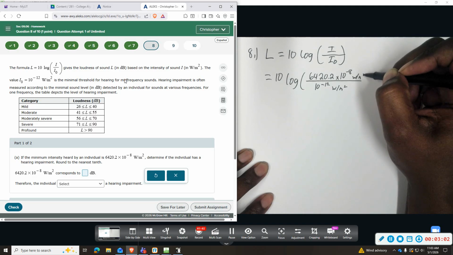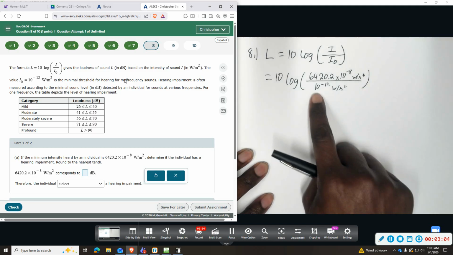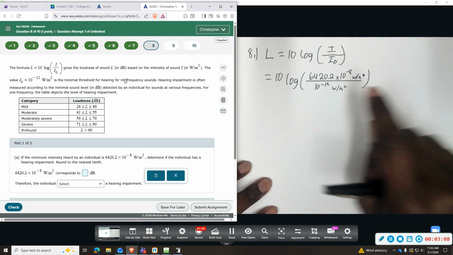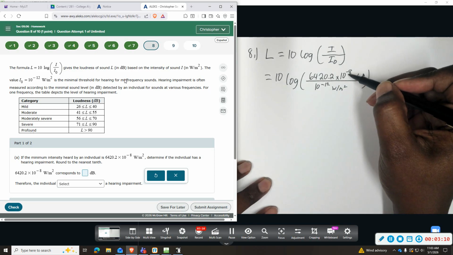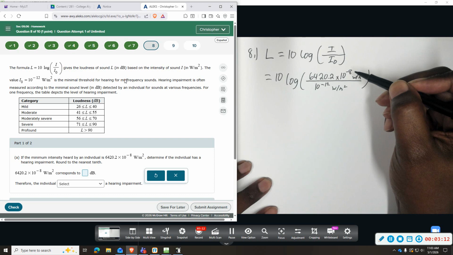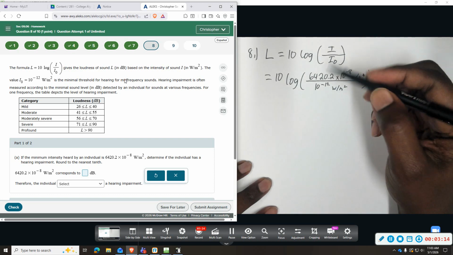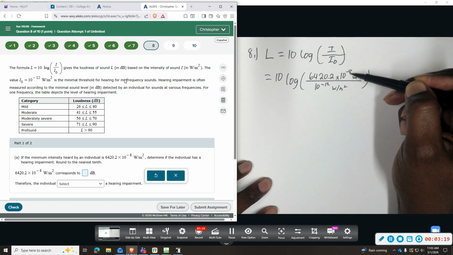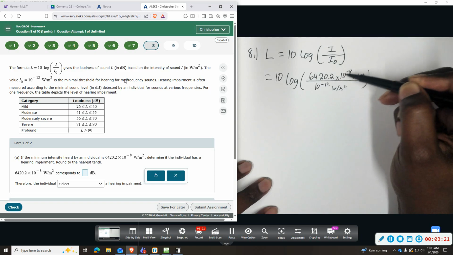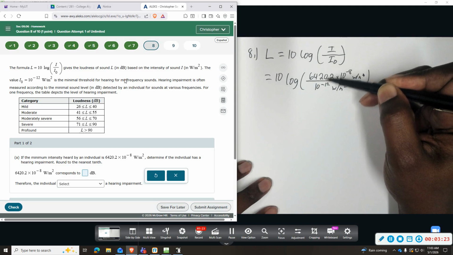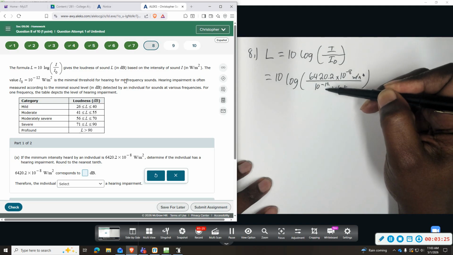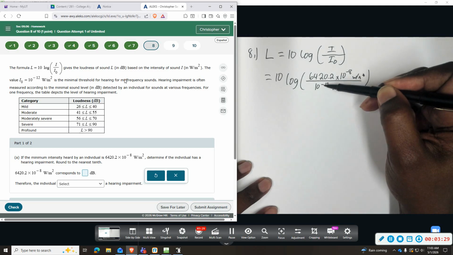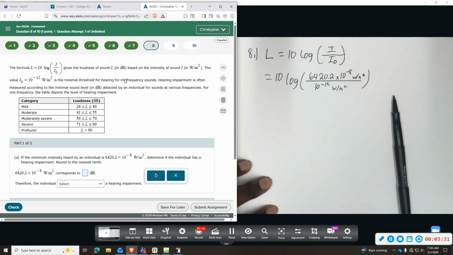Now it looks like we can divide these powers of 10 out, or do an interchange with properties of exponents. But I'll leave it and just plug it all in the calculator. But it looks as though we could just divide. But let's see.